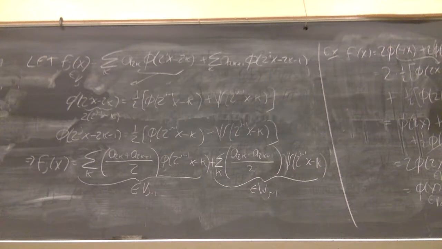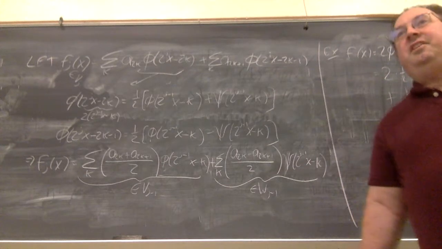It is possible to describe this whole process of going from the original coefficients all the way to the final stage as a matrix vector multiplication. And that's why we actually have a Haar wavelet transform. Just as a Fourier transform can be described as a matrix vector multiplication, so can this.